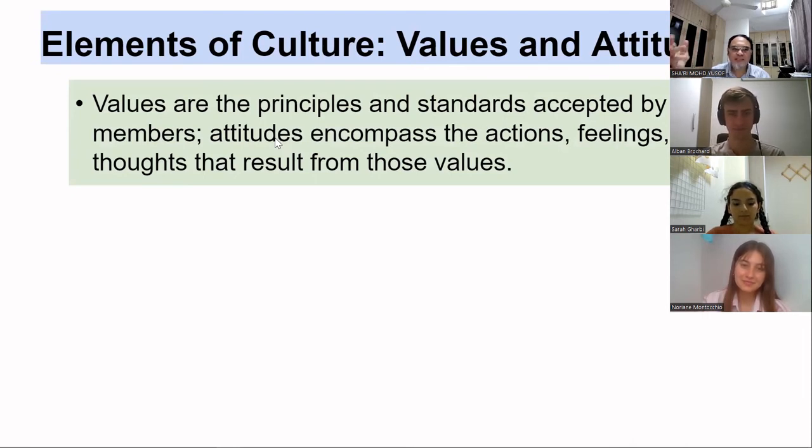There's only black and white, only truth and false. There is nothing like everything is true. No. So attitudes encompass the actions, feelings, and thoughts that result from those values.